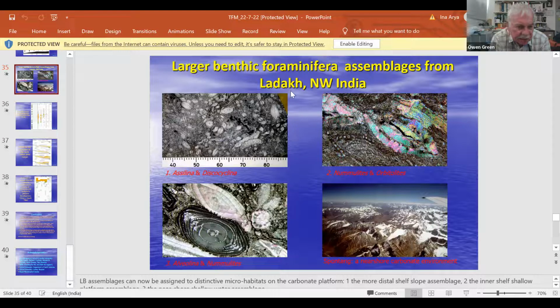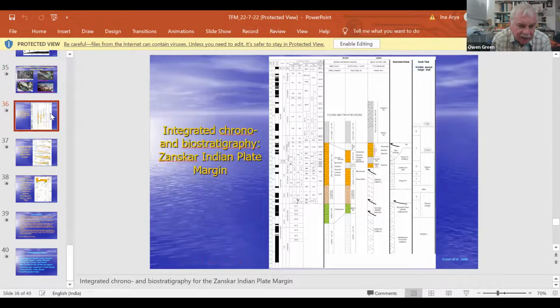But it's not uncommon to find all three types within the same slide, same thin section, when you're examining it. Now, if we go on to the next slide, please.